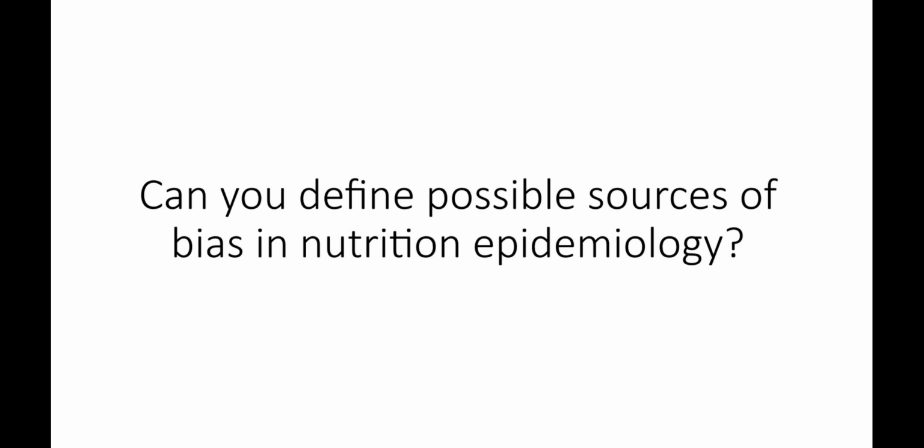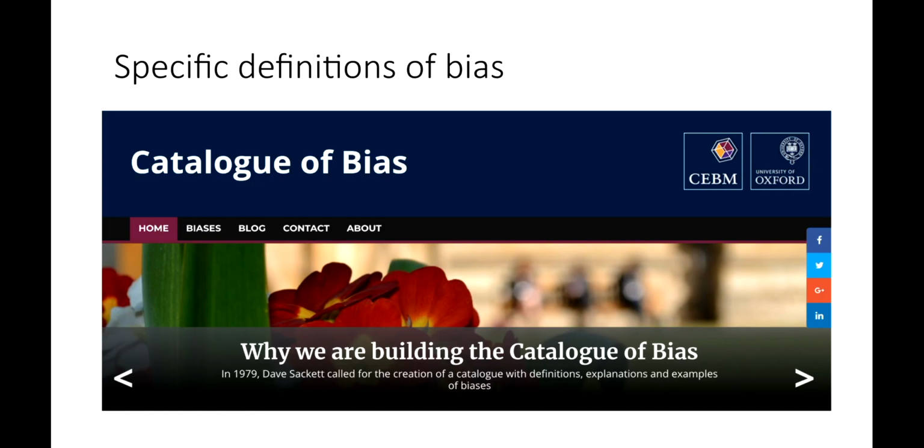And throughout the next slide, I will show you an abstract, and then we can reflect on the main sources of bias in nutrition epidemiology. Now, there are many sorts of bias. There are many places where bias can occur, and to help researchers define these sources of bias and also to develop tools to assess that bias, the University of Oxford has developed a catalog of bias.